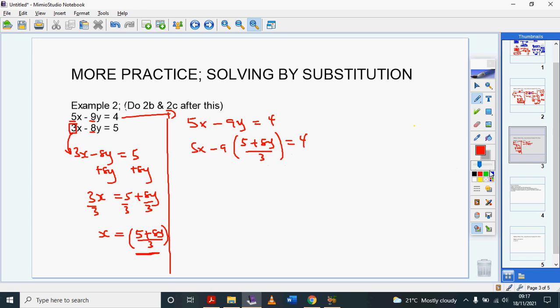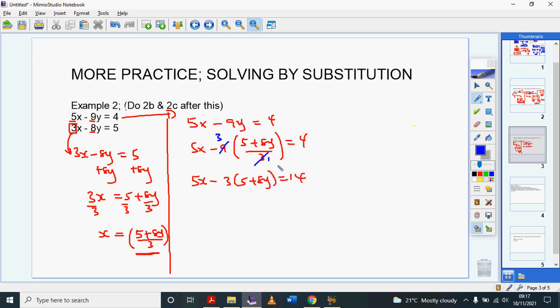Now I have an interesting situation here because I can multiply this 3 by 3 to get 3 times. So my equation will become now 5x minus 3, open brackets, 5 plus 8y is equal to 14.